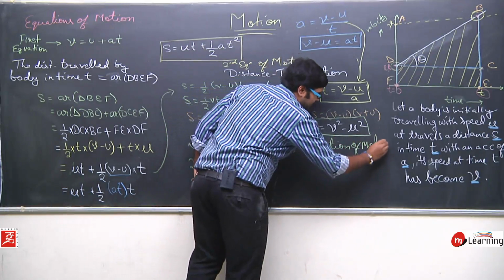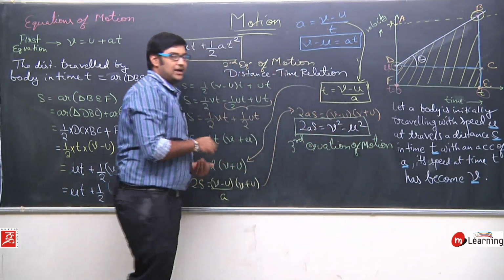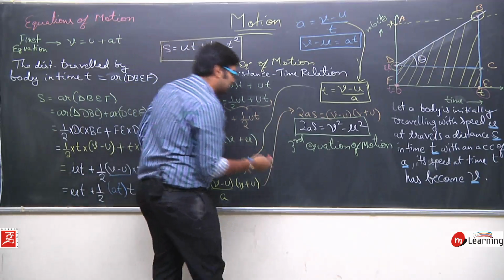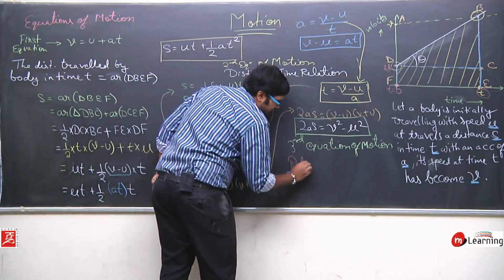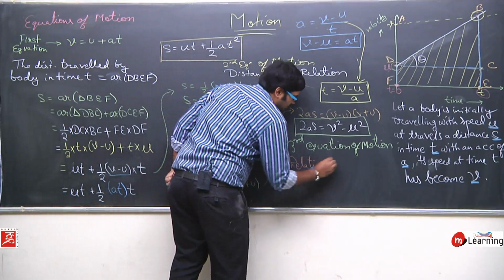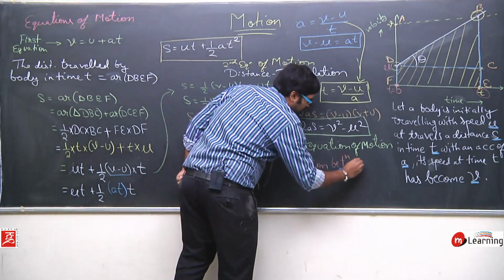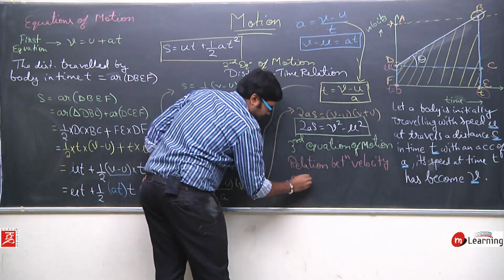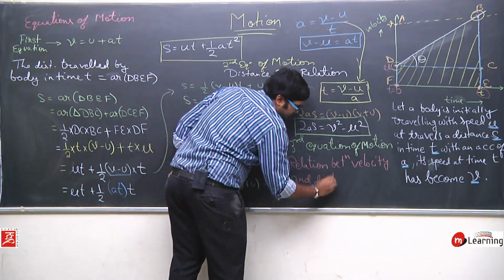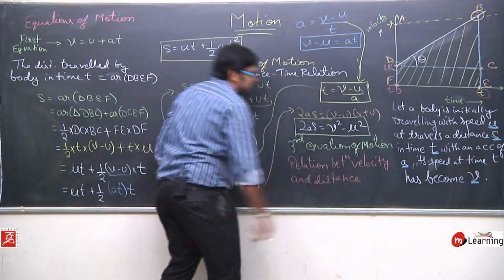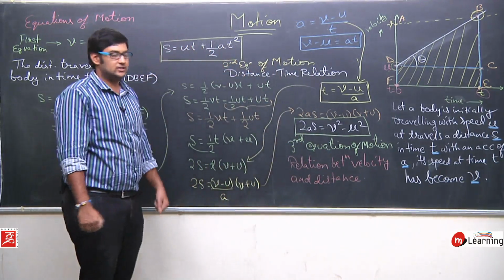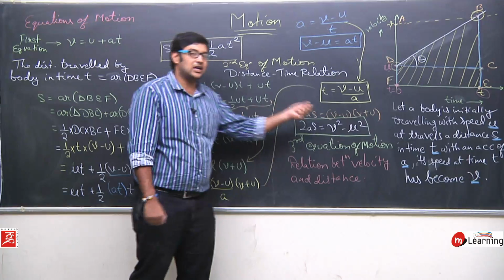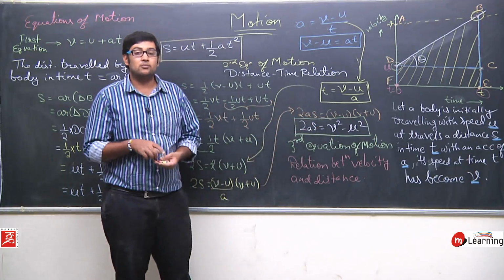We call this equation the third equation of motion, and it is also known as the relation between velocity and distance. Okay, that is the distance velocity relationship, it is also known in this manner, and we call this the third equation of motion.